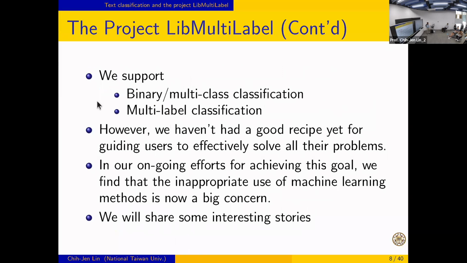We hope to be able to solve different types of data. Therefore, we support binary, multi-class classification as well as multi-label classification. But as I said, we haven't had a good recipe yet for guiding users to effectively solve all their problems.